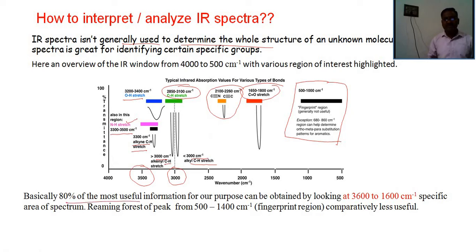Basically, 80% of the most useful information for our purpose can be obtained by looking at the 3600 to 1600 per centimeter area of the spectrum. The peaks from 500 to 1400, the fingerprint region, are comparatively less useful.